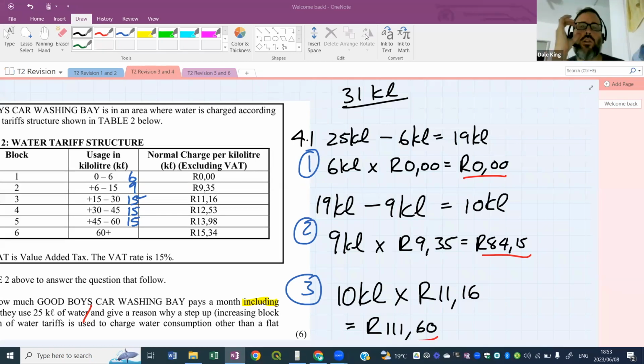your calculation there. Go straight to the third one because you know you're going to be in the third one.